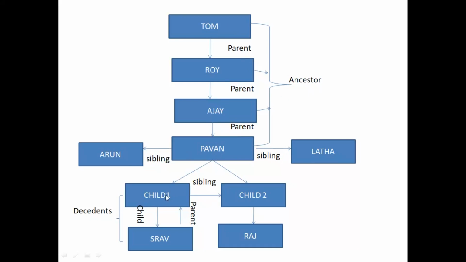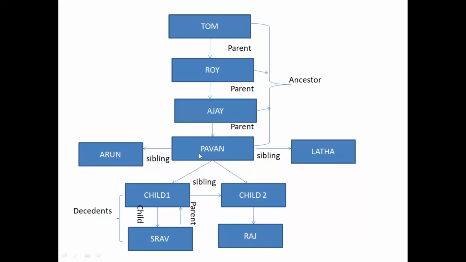And for child one, again, Srav is another child, and for Srav, the parent is child one. Similarly, child two also has a child, Raj. For Raj, child two is a parent. So whatever you have here, if an element has a parent, and on top of it another parent, and that parent's parent, all these will be ancestors.